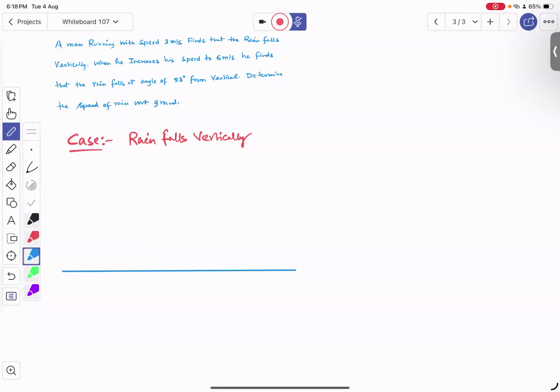Again, it's the same kind of situation as in the previous problem. The man runs this side with speed 3, and he finds that rain is falling vertically, but with what speed the rain falls is not given to us.